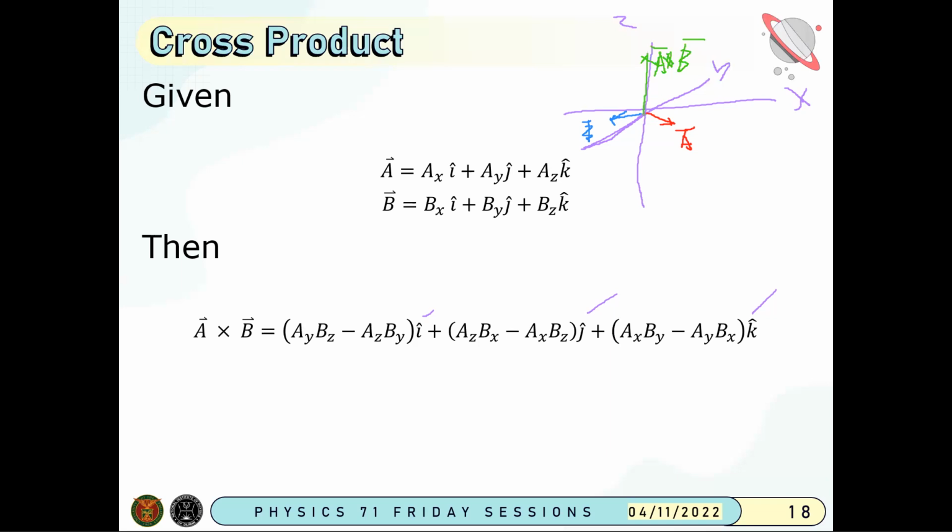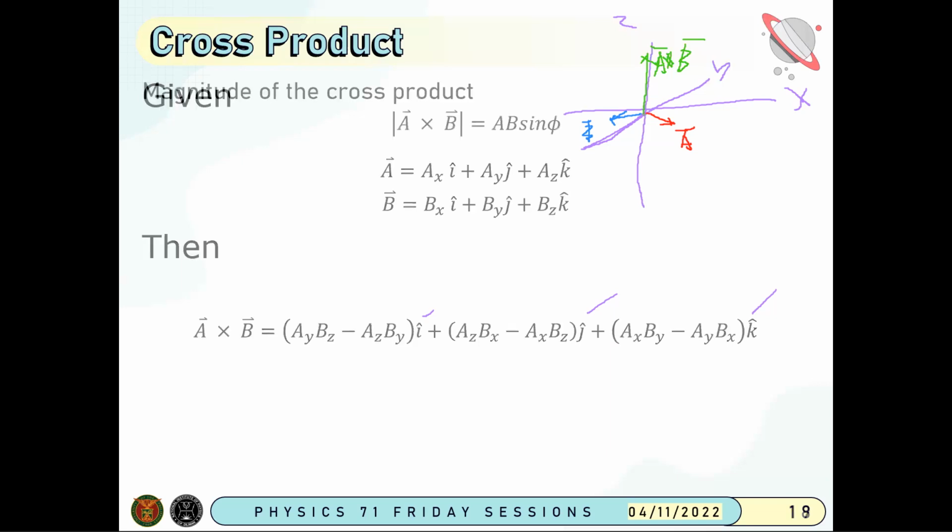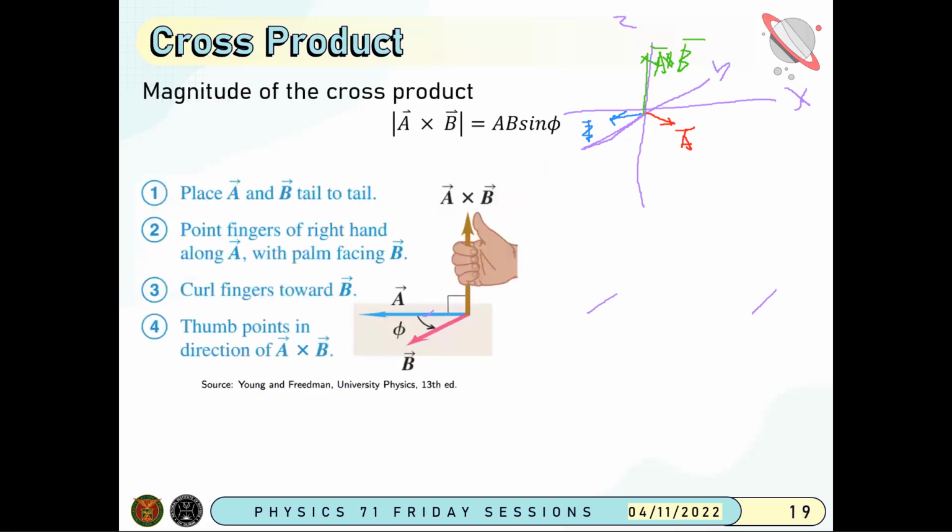That's why it is easy to use the right-hand rule. So, this is now the right-hand rule. First, place A and B tail to tail.